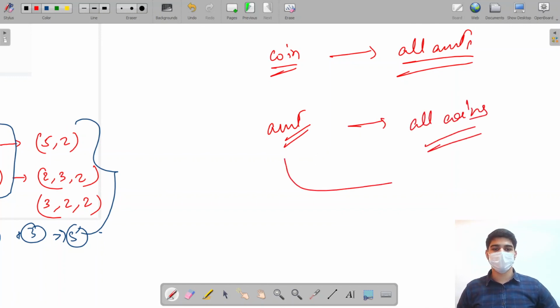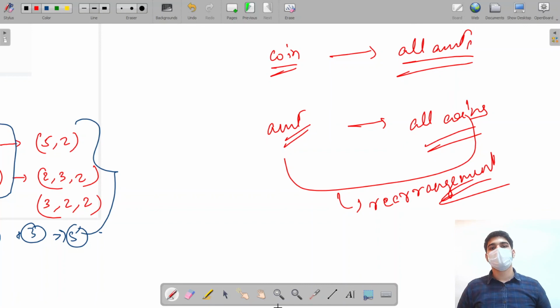This gave us rearrangements. If you have seen the solution for coin change combinations, what we did was just replace the for loops, and we got all the rearrangements.